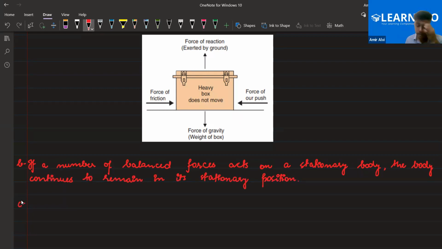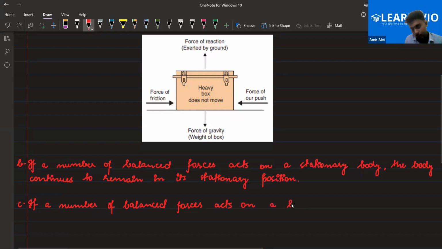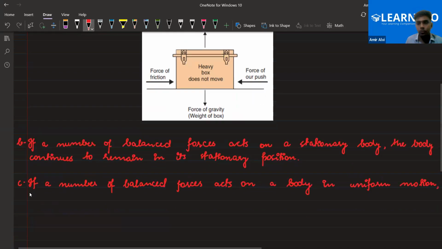Next is if the body is moving with uniform velocity. So the body will continue in its state of uniform motion.